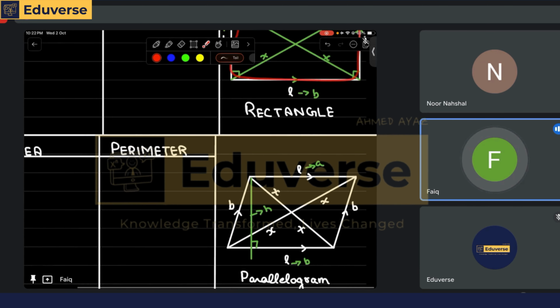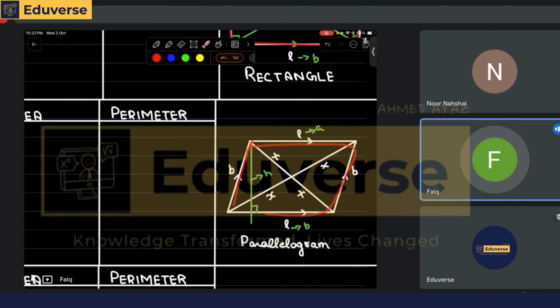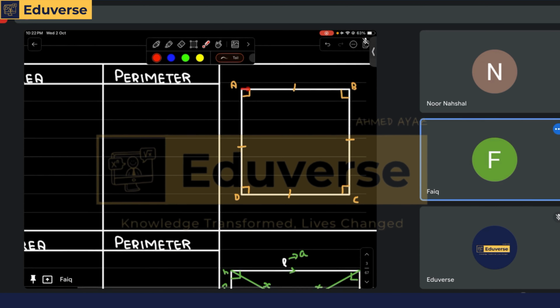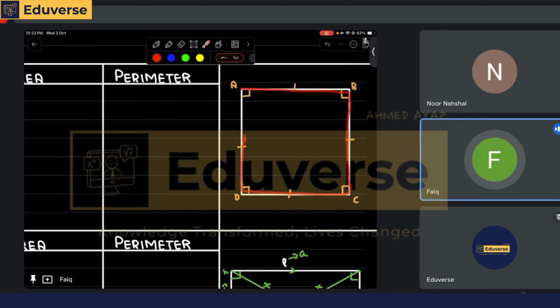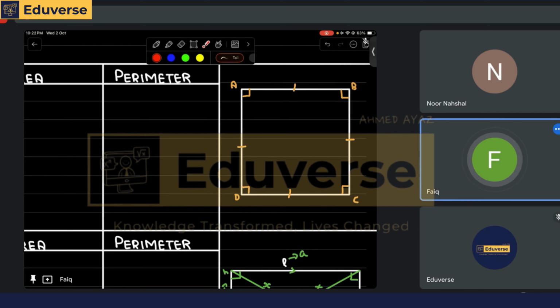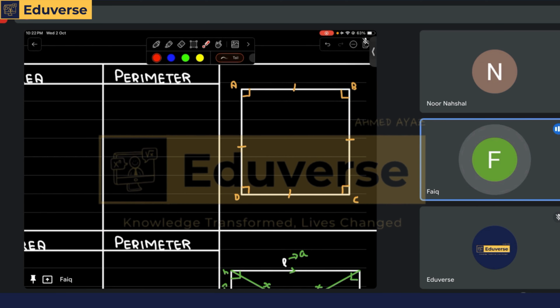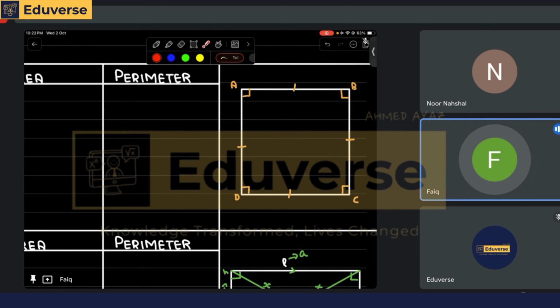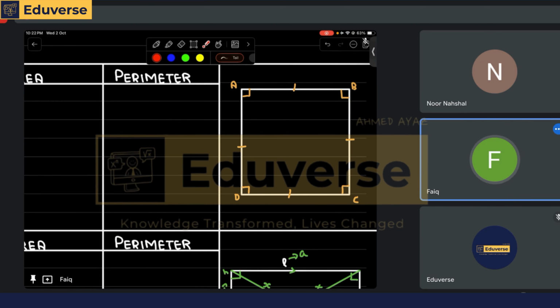The third four-sided shape is parallelogram, and so on. So in most of the cases, all the four-sided shapes, the formula to calculate their area is similar. So what do I mean by that? You just have to multiply the neighboring sides of 90-degree angle.